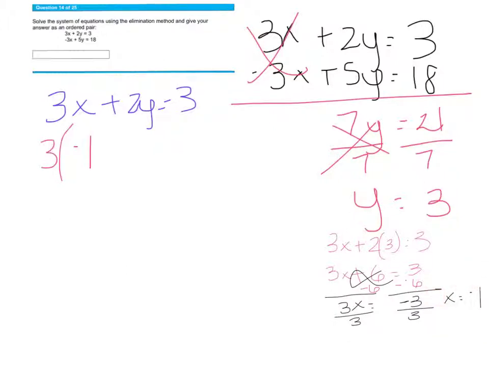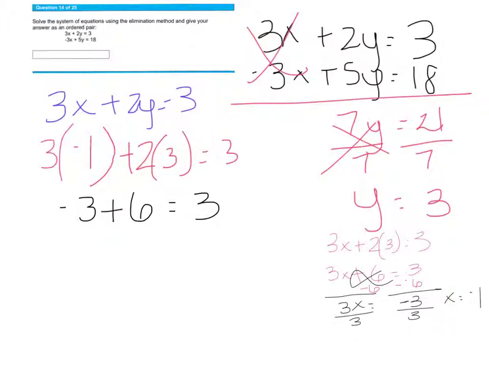So 3 times negative 1 plus 2 times 3 equals 3. 3 times negative 1 is negative 3, plus 2 times 3 is 6. We have to see if that's true. Negative 3 plus 6 is 3. Yes, it is. So that is correct.